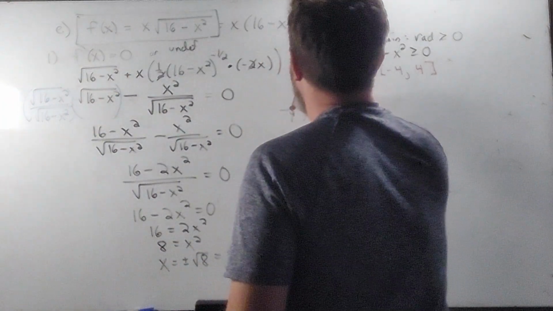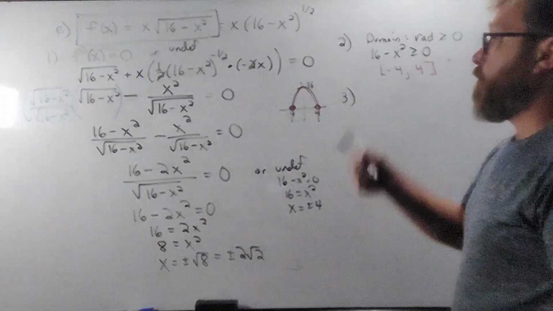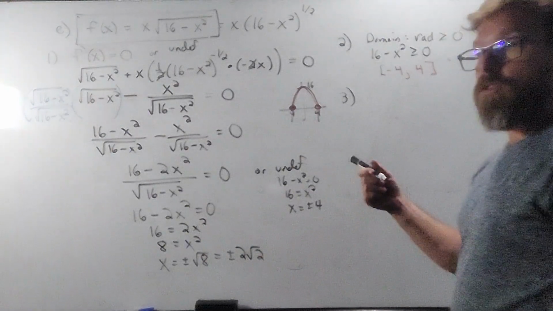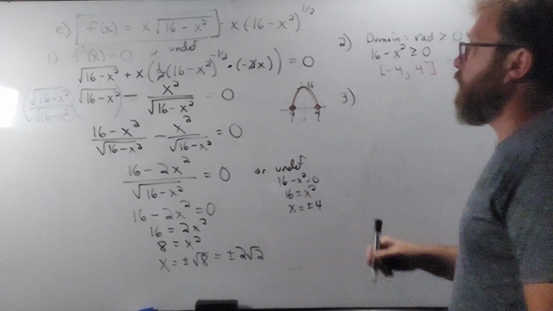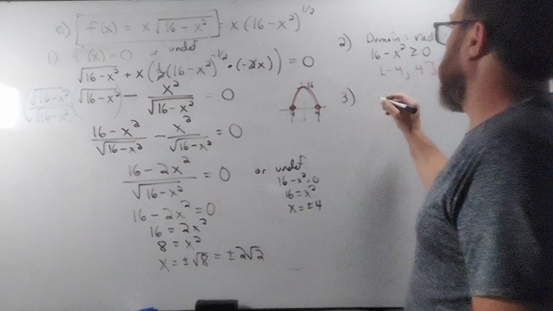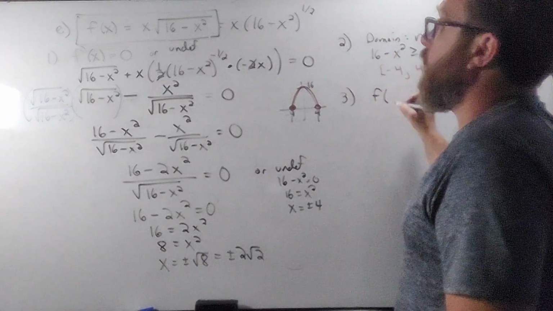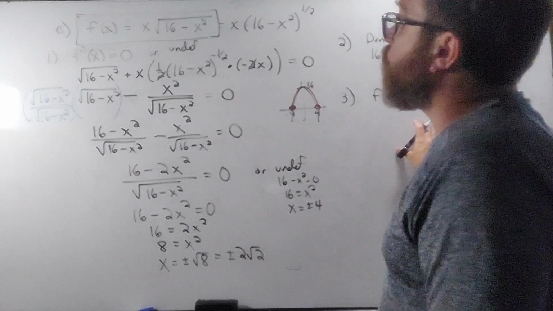So finally, number 3, what I'm going to do now is plug the candidates into the original function. I happen to get those candidates twice, the endpoints, but these in here. So I need to find f of plus or minus 2 root 2.